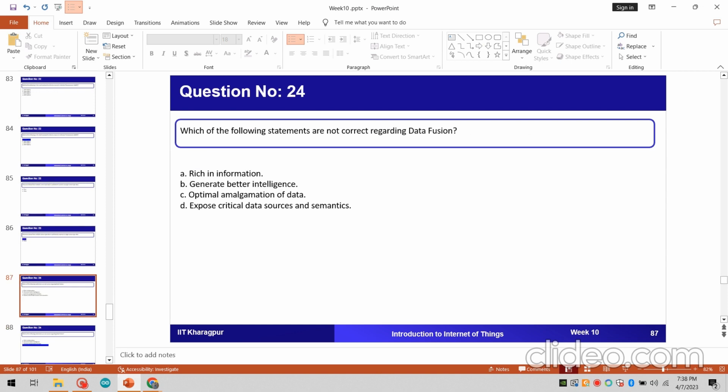Next question is, which of the following statements are not correct regarding data fusion? Options are: rich in information, generate better intelligence, optimal amalgamation of data, expose critical data sources and semantics.